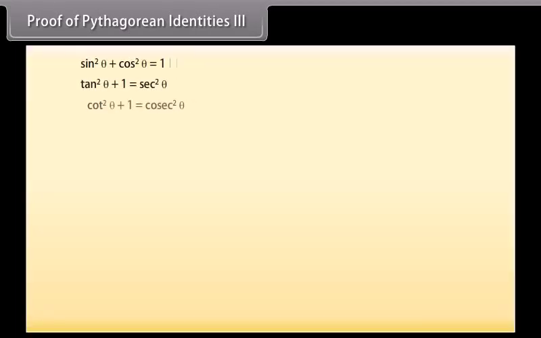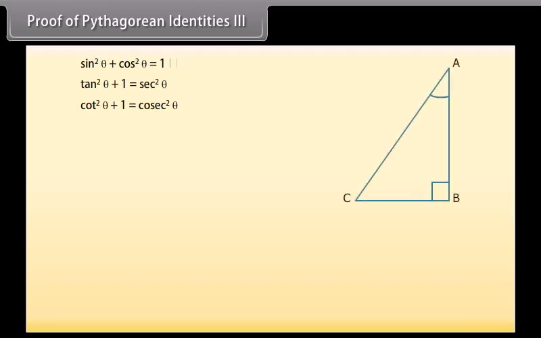Proof of Pythagorean identity 3. The last identity is cot square theta plus 1 is equal to cosec square theta. To prove this, we will again take a right triangle ABC. So, by Pythagoras theorem, AB square plus BC square is equal to AC square.